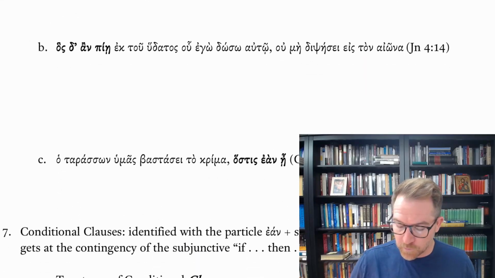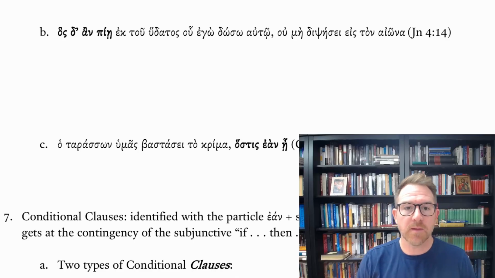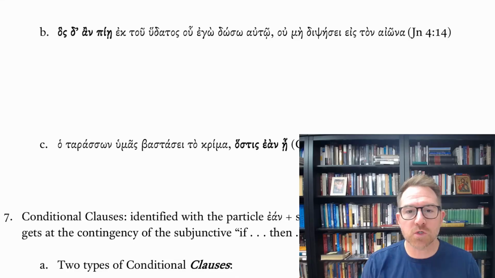Similarly, in John 4:14, hos d' an piē ek tou hudatos hou egō dōsō autō, ou mē dipsēsei eis ton aiōna. Whoever might drink from the water which I give to him, by no means will he thirst forever.